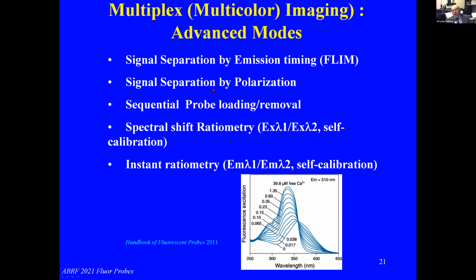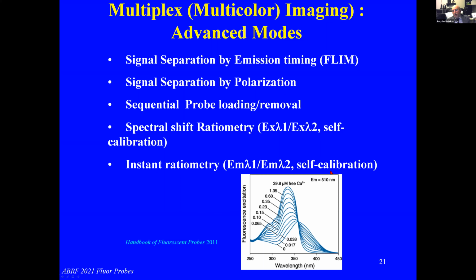Some signal separation as well can be done by polarization of the emission photons. There are methods and protocols that allow sequential probe loading and removal up to several tens of probes. Then also I would like to mention ratiometry methods based on spectral shift.